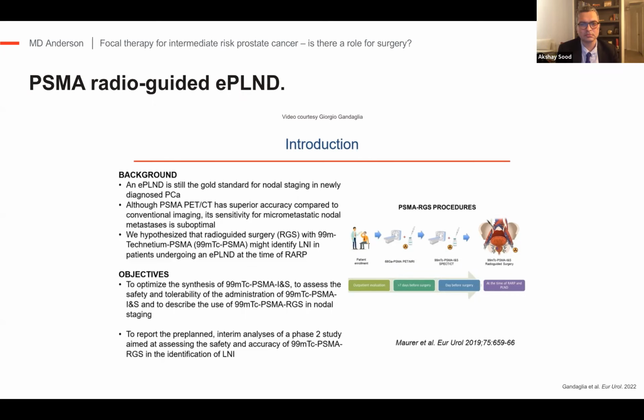The objectives were to optimize the synthesis of 99m technetium PSMA imaging and surgery, to assess the safety and tolerability of the administration of 99m technetium PSMA imaging and surgery, and to describe the use of 99m technetium PSMA radioguided surgery in nodal staging. The second objective was to report the pre-planned interim analysis of a phase 2 study aimed at assessing the safety and accuracy of 99m technetium PSMA radioguided surgery in the identification of lymph node invasion.